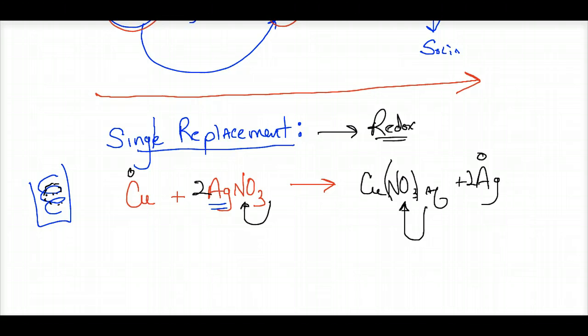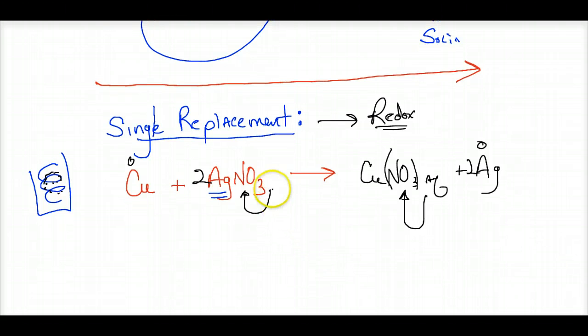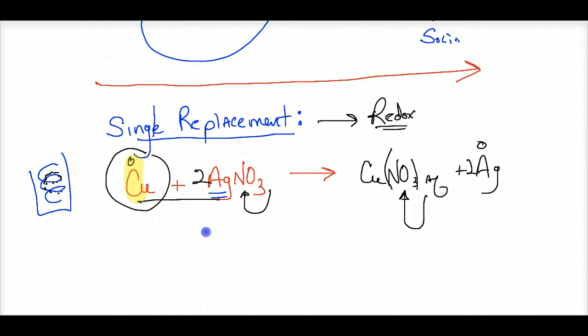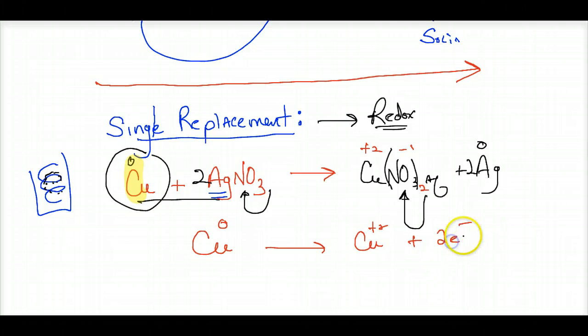And of course, with these types of reactions, is it spontaneous? So if you look at copper and silver, copper has to oxidize. Why? It's the standalone element, can only oxidize. And if you write yourself a quick half reaction, copper 0 goes to copper plus 2. I know it's copper plus 2 because each nitrate's -1 and there should be 2 there, sorry. And I'm going to put 2 electrons on this side because a -2 and a plus 2 is 0.